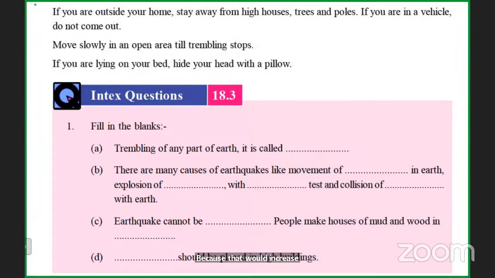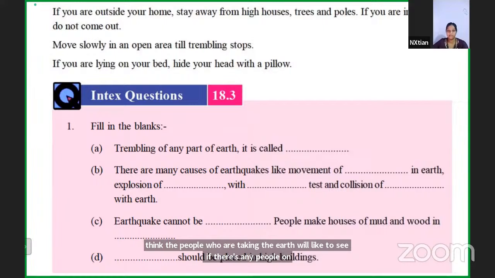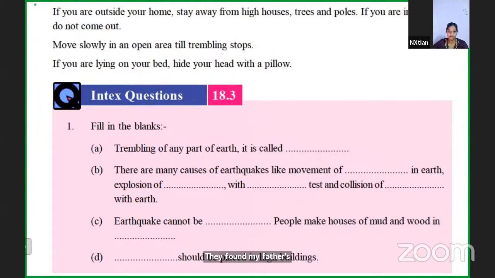So he went home, and when he came back, he heard that there was an earthquake and the whole building where he was staying had fallen. Wow. That must be a higher magnitude earthquake. The people digging to see if anyone was buried found two of my father's books, so they gave them back to him.